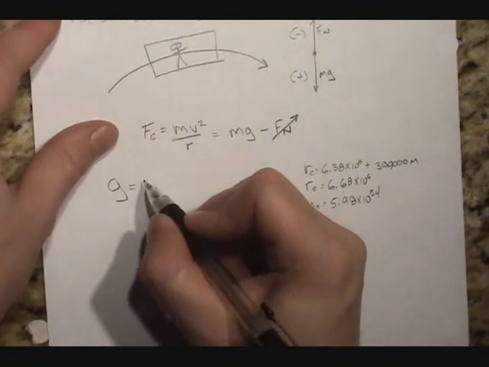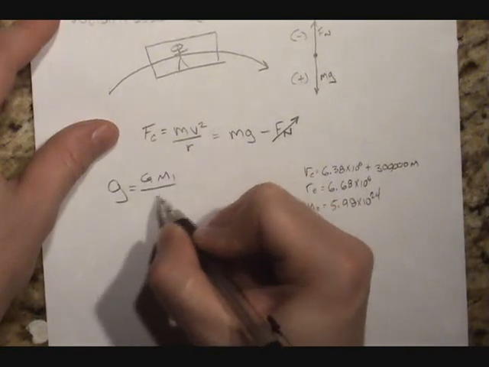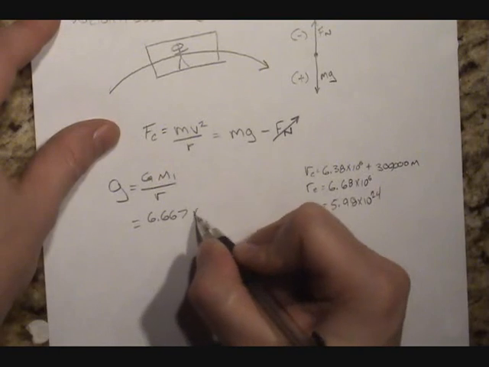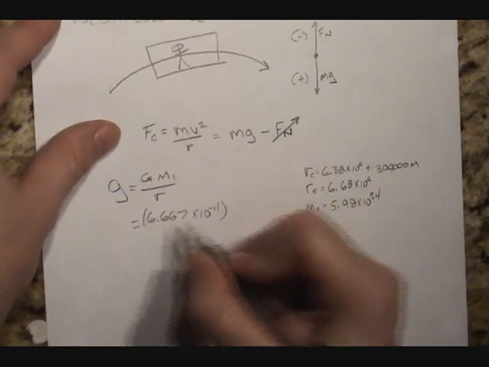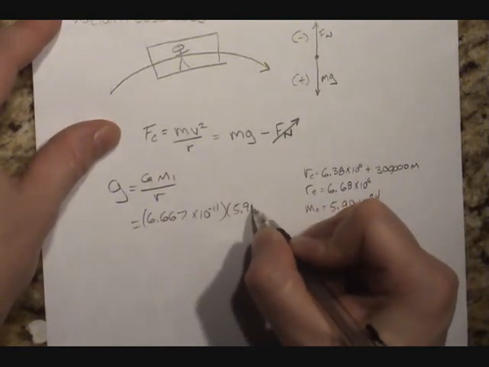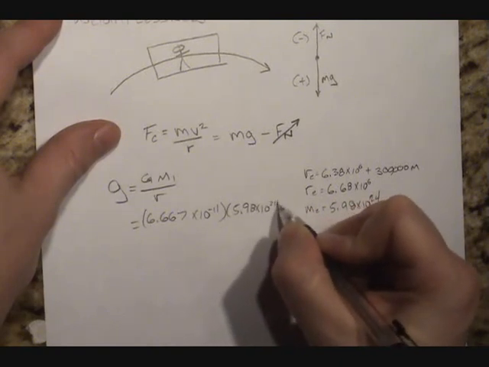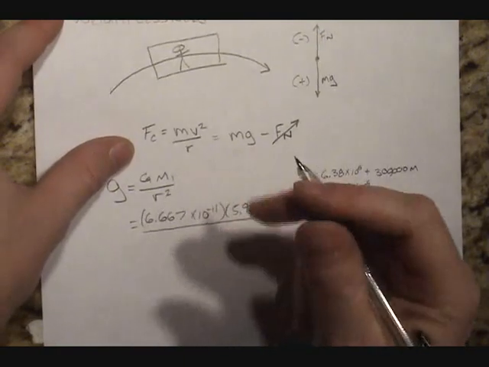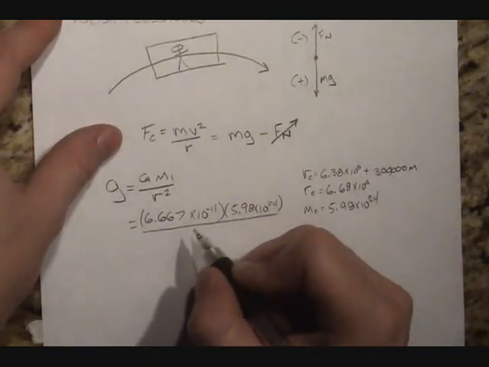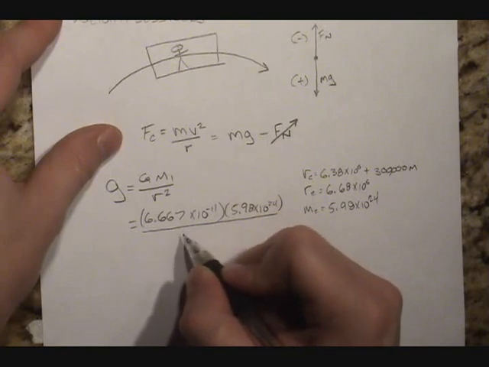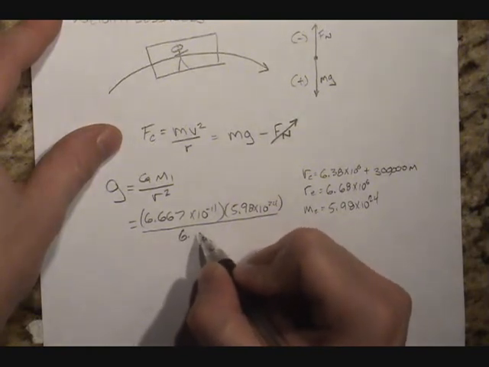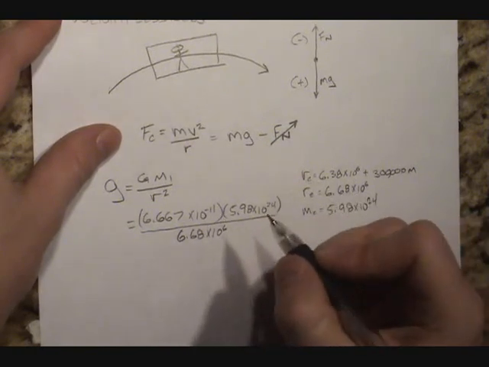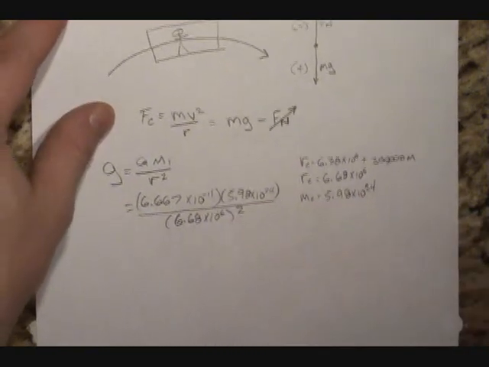So this means g would be equal to 6.667 times 10 to the minus 11 times 5.98 times 10 to the 24th divided by r squared, I wrote that formula wrong, where r is the distance between the center of the Earth and the orbiting spacecraft. So that's 6.68 times 10 to the 6th. And that number, don't forget, is squared.